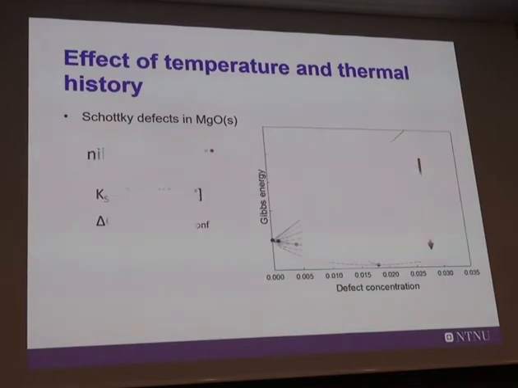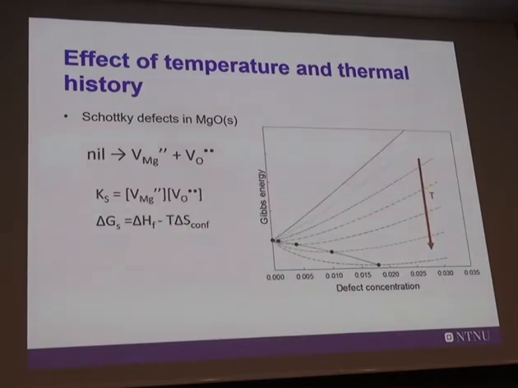So if you look at the dominating point defect in magnesium oxide, that's the Schottky defect. And again we have the Schottky defect equilibrium, where you go from nil to one vacant magnesium site and one vacant oxygen site. And you can write a very simple chemical equilibrium for this. So you have an equilibrium constant for the Schottky equilibrium, and that's simply the concentration of the two vacancies multiplied.